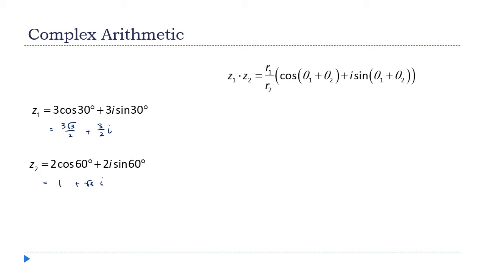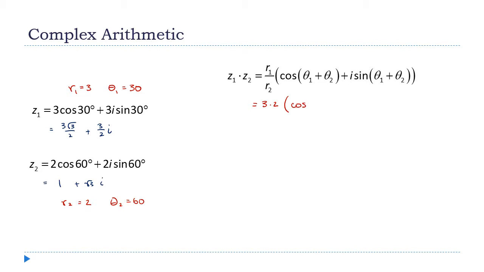But look, I got my new formula. Look at Z1. R1 is 3, and theta 1 is 30. Looking at Z2, R2 is 2, and theta 2 is 60. So my formula says multiply the r's together, 3 times 2, and add the angles.